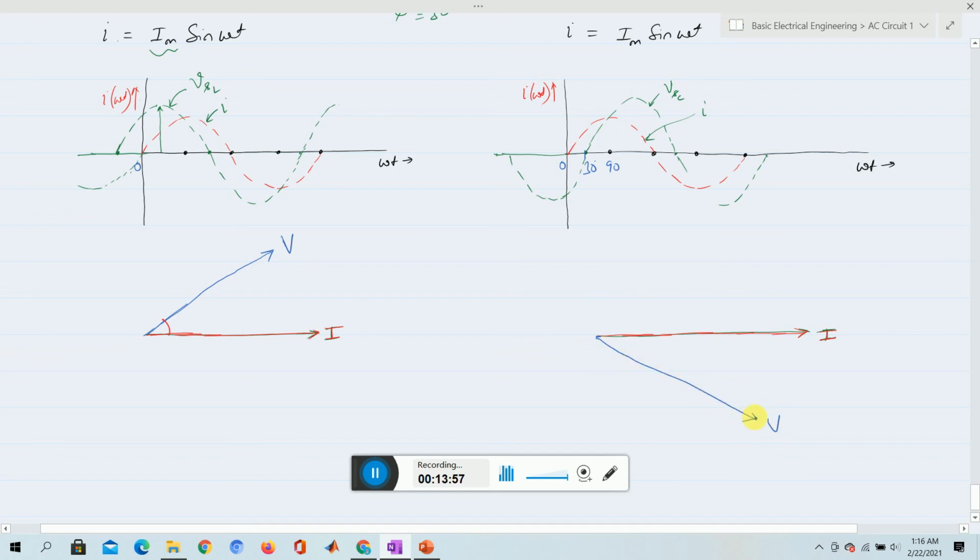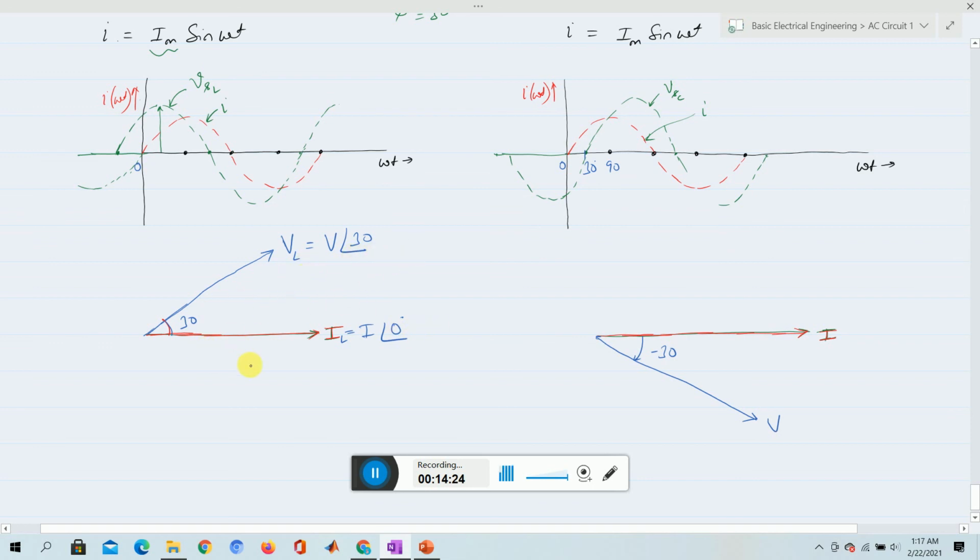So here you have a voltage which you can represent by minus 30 degrees, and here it is plus 30 degrees. So if this is VL, you can write this as V angle 30 degrees, and this is I angle 0 degrees. If this is IL, so I angle 0 degrees, this is V angle 30 degrees.